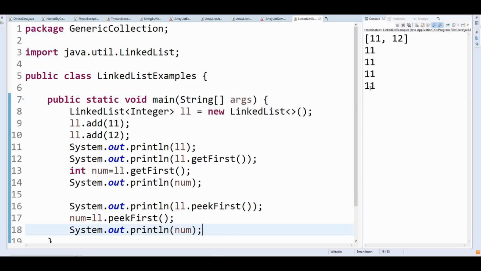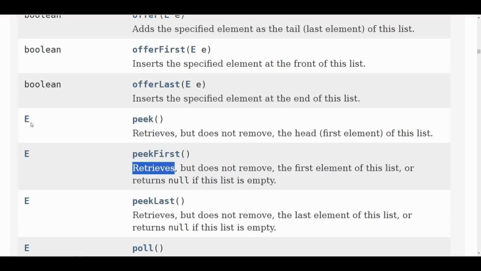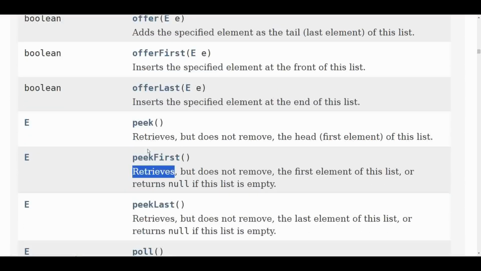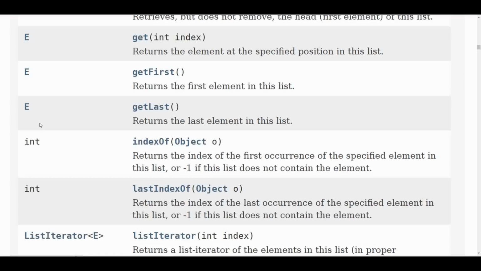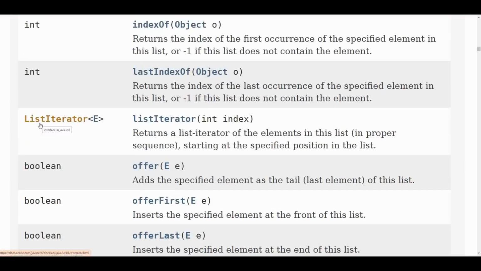Okay, so you can see that it all performs in a similar way. Whatever data type we have given, it will return an object of that. So whether it is peek first or the other methods, get first, get last, you can see this object. So we need to understand that it returns the object at that particular place, but it will not remove the elements. So those elements will be there. When I say get, it will not get it and delete it.